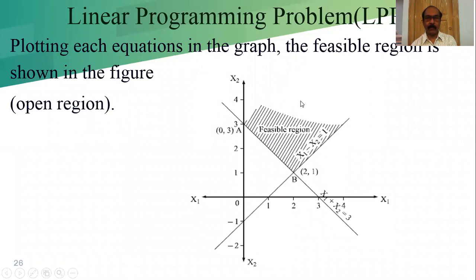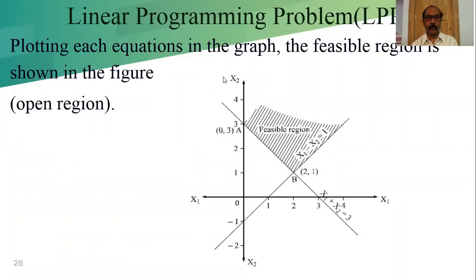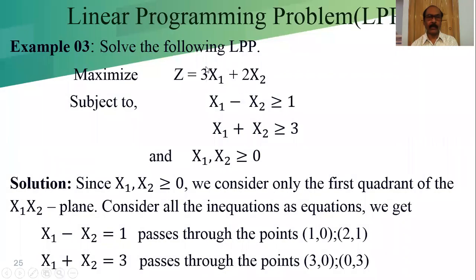When Z is minimization instead of maximization, then it is a bounded region, and two corner points are there, 0, 3 and 2, 1. At 0, 3 the value is 6 and at 2, 1 the value is 8.